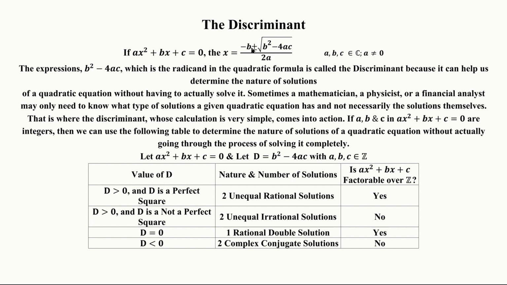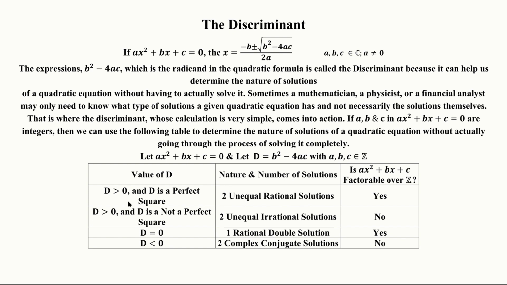You're going to get plus or minus the square root of a perfect square, and that's going to give us two different solutions, but they're going to be very nice, because if we limit ourselves to integer values for a, b, and c, that means we're going to have two unequal rational solutions. The plus case will give us one rational solution, and the minus case will give us another rational solution. So we end up with two unequal rational solutions.